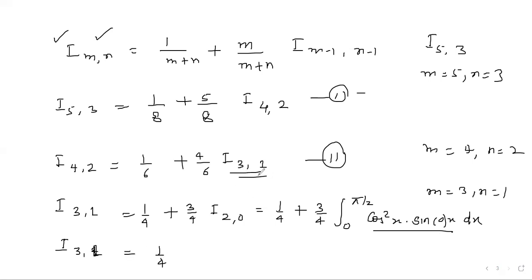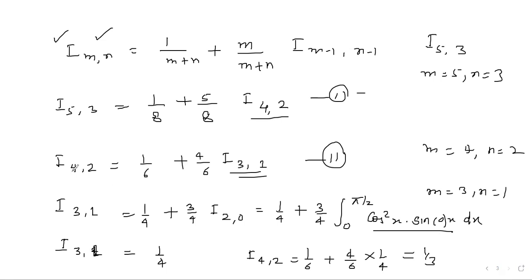So we put this value here to get I_(4,2), and then the whole value is placed in the next equation. Let's evaluate I_(4,2) first. I_(4,2) will be equal to 1 by 6 plus 4 by 6 times 1 by 4, so this will become 1 by 3.